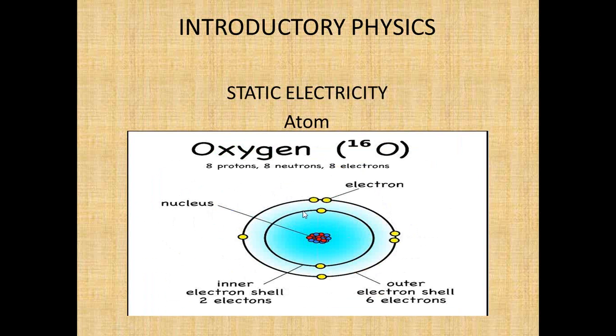You have 2 in the lower orbit, and then in the outer orbit, or the outer electron shell, you have 6. So this is a neutral atom because the number of protons, which are positive, equals the number of electrons. So it is neutral.